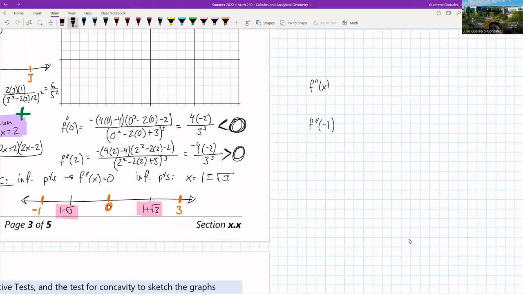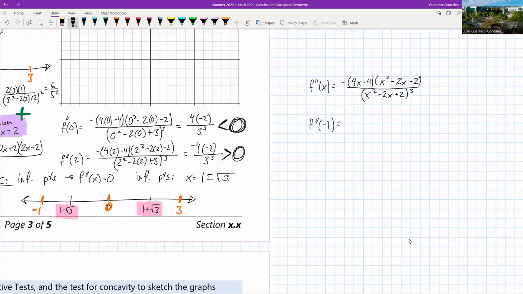F double prime of x is equal to minus 4x minus 4 times x squared minus 2x minus 2 all over x squared minus 2x plus 2 cubed.